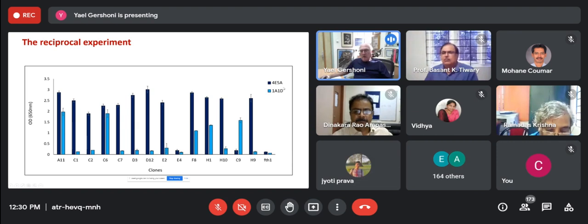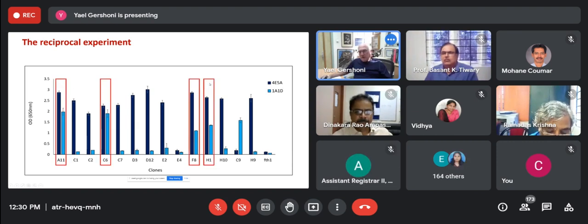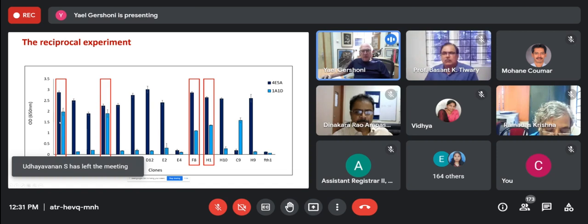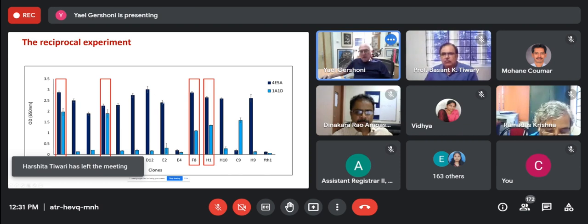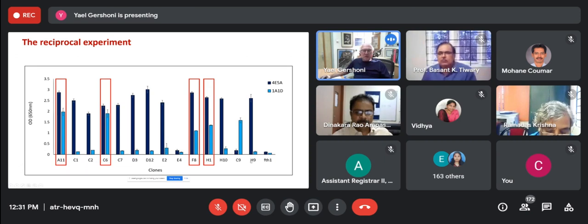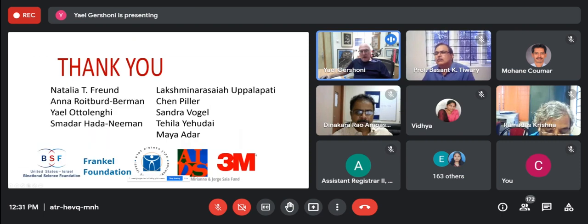And as you can see here, we have 4 clones that cross-react very well. They bind 1A, which is a weaker antibody, nicely, and they bind 4E very well, as compared to other clones that bind 4E or 1A, but not both. So, once again, we were able to reconstitute.